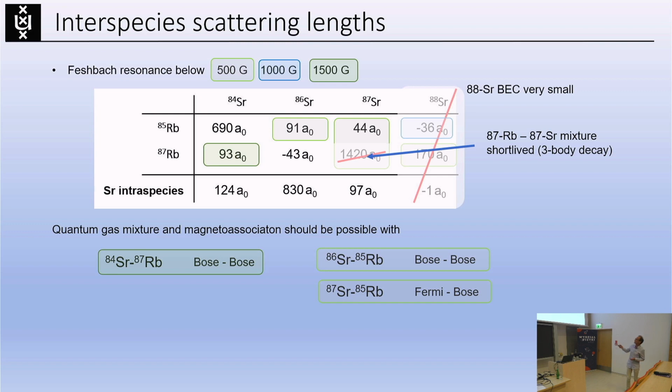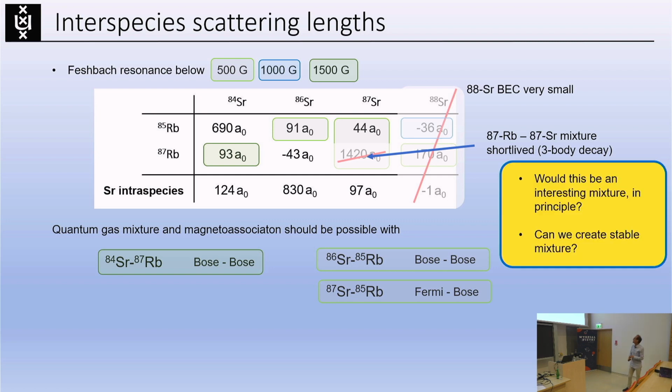Now we can choose any other one of these interspecies mixtures, and it was Prem here, who is in the audience, a PhD student on the project, who pushed very much on trying to go to this 87-87 mixture, despite its humongous background scattering length. Why is this? I mean, it's an interesting mixture, and perhaps you can find ways to circumvent this problem of 3-body recombination.